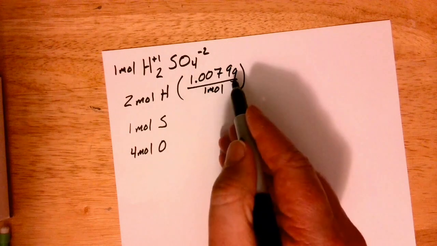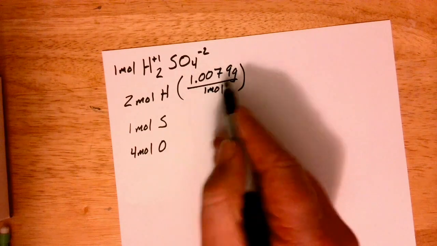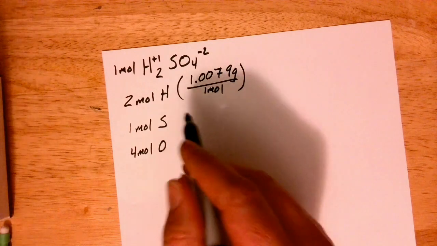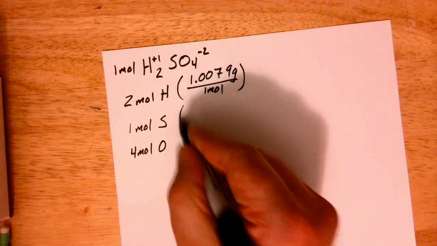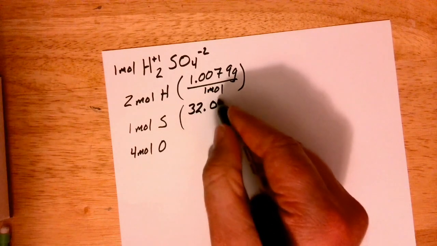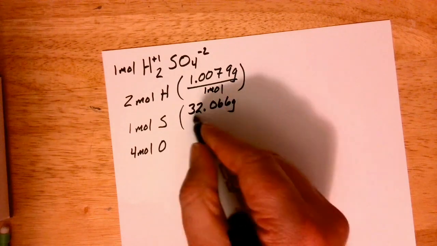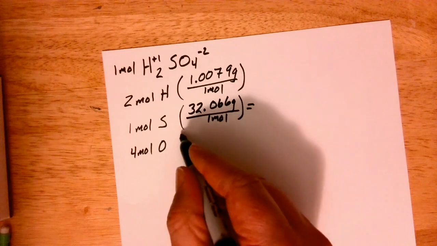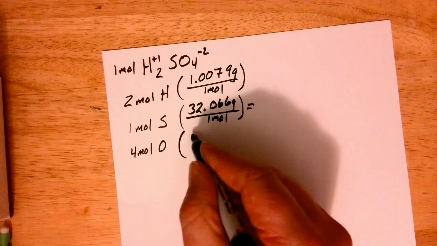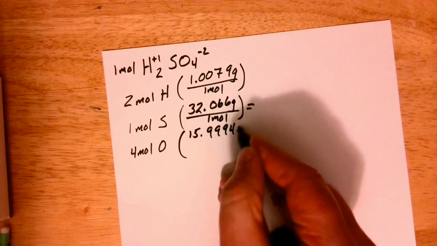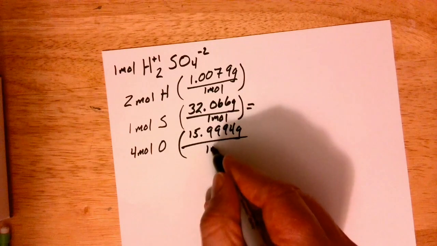Again, depending upon the periodic table, this number may vary just slightly here, but just go ahead and use whatever you have. Sulfur is 32.066 grams for every 1 mole. Oxygen is 15.9994 grams for every 1 mole.